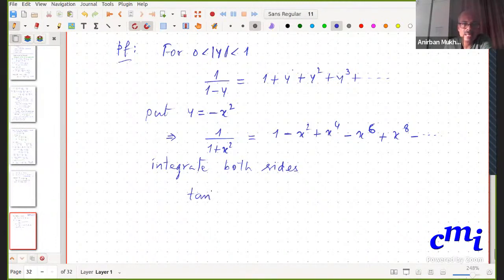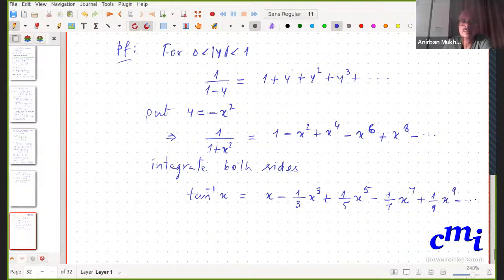So what we get is tan inverse of x, which is also called arctan. So tan inverse of x is x minus 1/3 x cubed plus 1/5 x to the 5 minus 1/7 x to the 7 plus 1/9 x to the 9, etc., etc. Now just put x equal to 1.